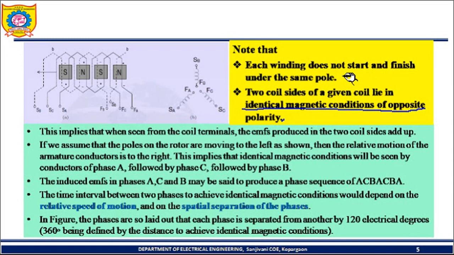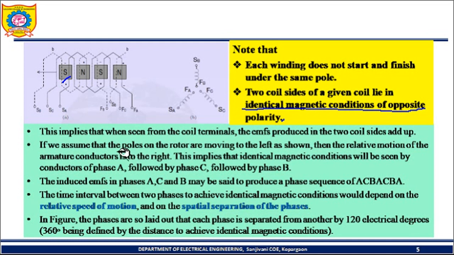This implies that when seen from the coil terminal, the EMF produced in the two coil sides is added up. Check here. When you go under the S pole, there is one or two conductors under the influence of the S pole, so it is going to be added up.